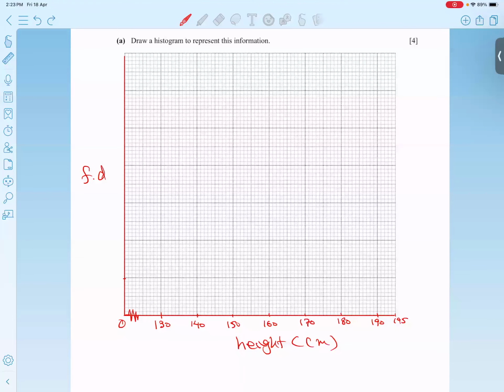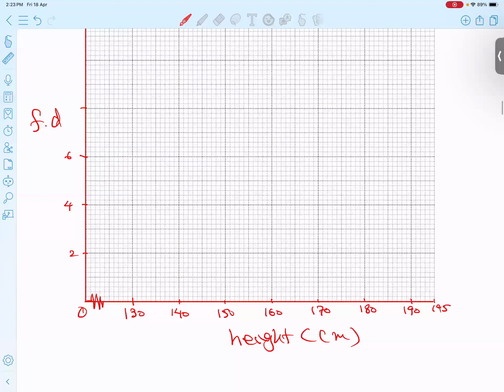So students, let's start. First, starting 130, ending 150, height is 0.8. Where is 0.8? This is 1 and this is 1 box. The reason: if I divide 1 by the number of boxes, the formula is value divided by number of boxes.